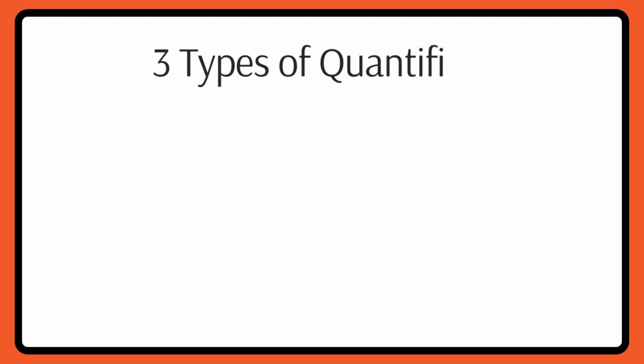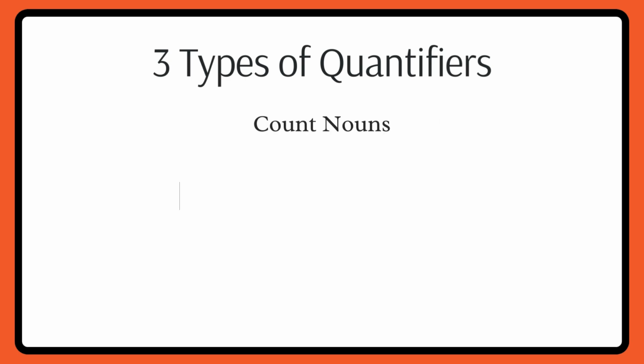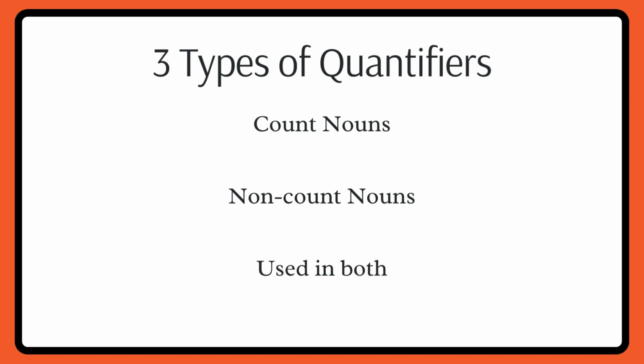Quantifiers fall in 3 categories: those that we use with count nouns, those we use with non-count nouns, and those we can use with both.